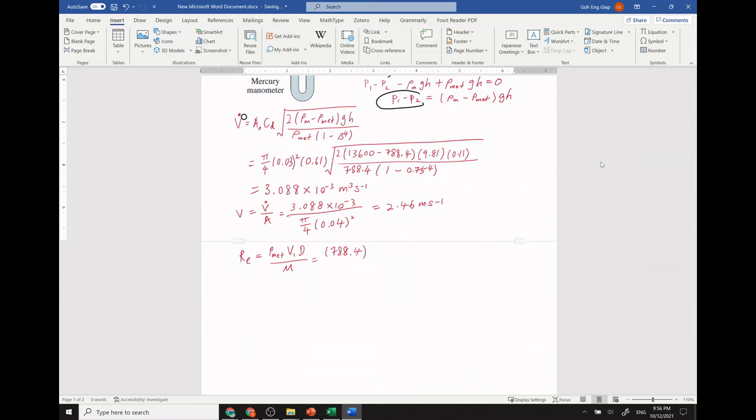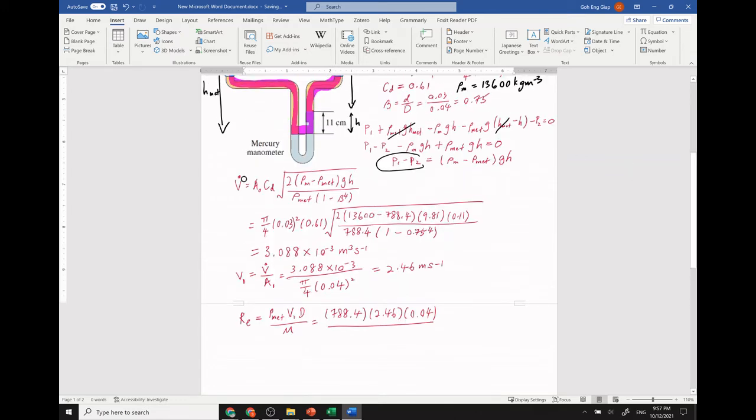The V1 we already calculated here, which is the V1, and this is of course A1. The V1 is 2.46, and the big D, which is 0.04, and the mu we already know.